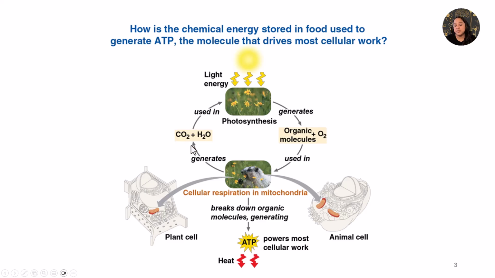And we also make a little bit of water, but that doesn't factor that much into the grand scheme of things. But the carbon dioxide that we breathe out is what plants breathe in for photosynthesis. So it really is tied together. The products of photosynthesis are the reactants in the chemical reactions in cellular respiration, and then they generate the products of CO2 and H2O, and those are used in photosynthesis. So it's all one big cycle.